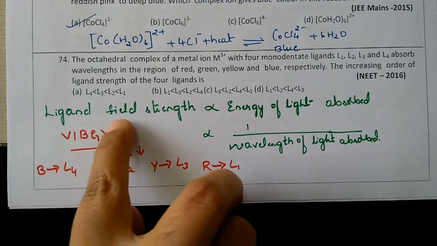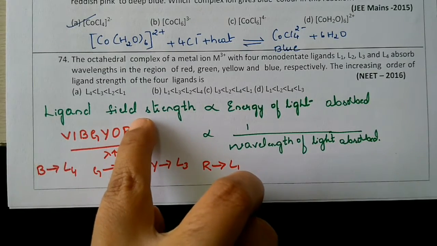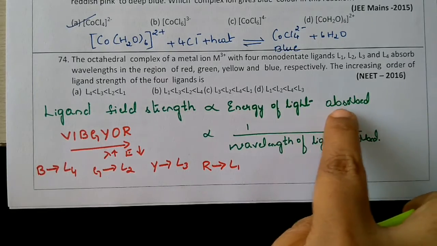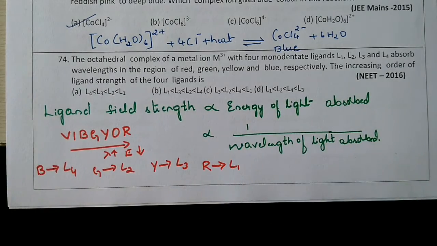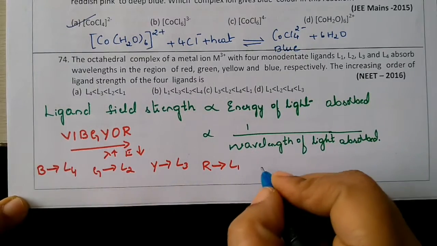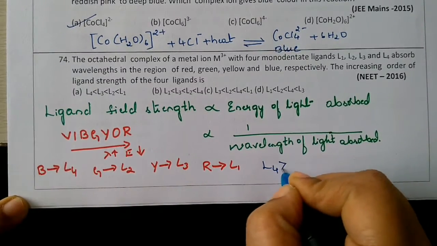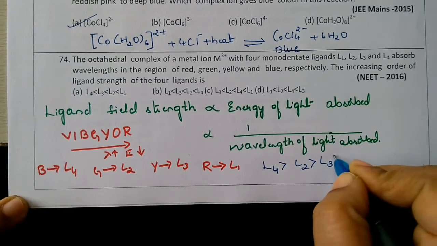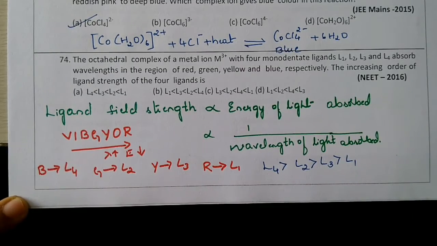So the ligands with the maximum crystal field splitting absorb a greater amount of energy. I hope it is clear. So we can say that here we have the order L4, next L2, next L3, next L1.